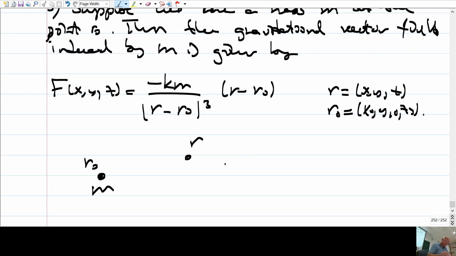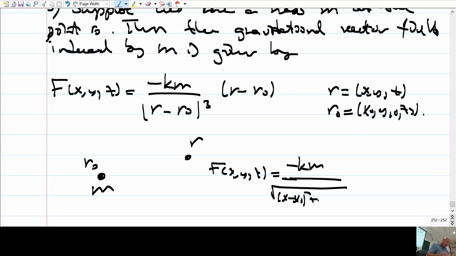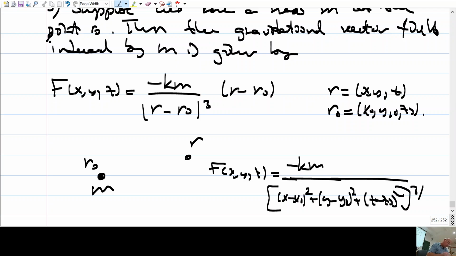So if I write it in coordinates, this is km times, and then x minus x0 squared, y minus y0 squared, z minus z0 squared, and then here I take the 3 over 2 power of this norm, and then here I have the vector x minus x0, y minus y0, z minus z0.